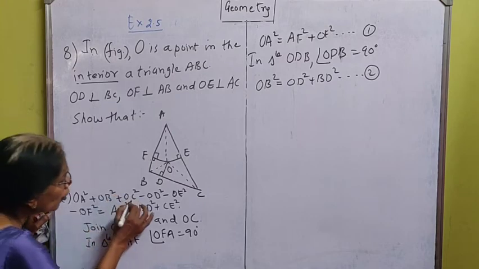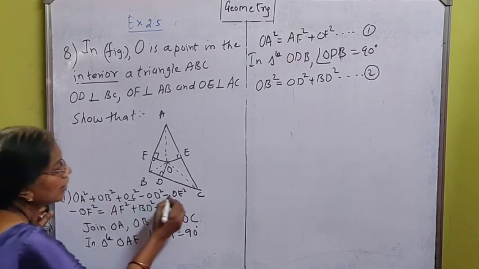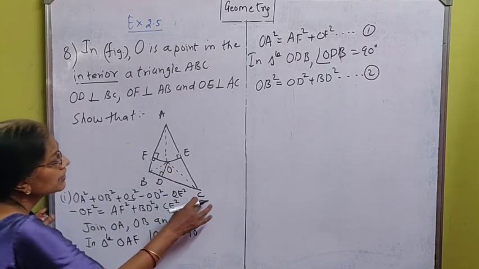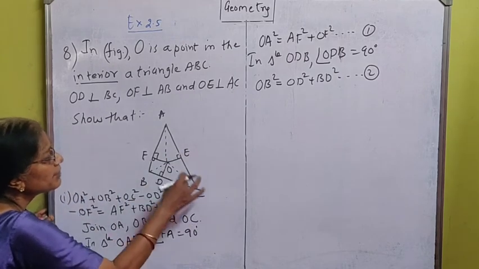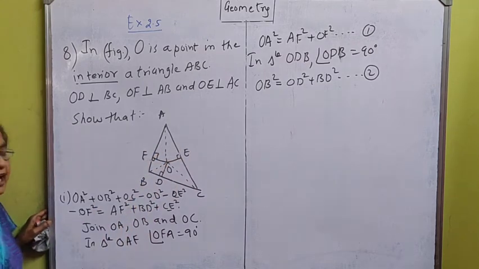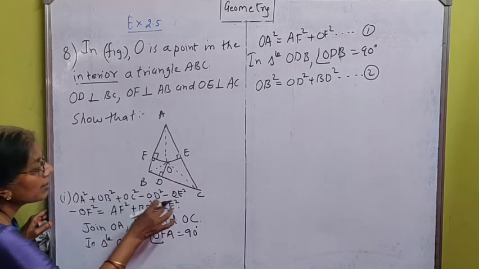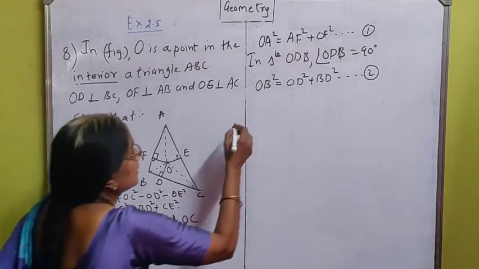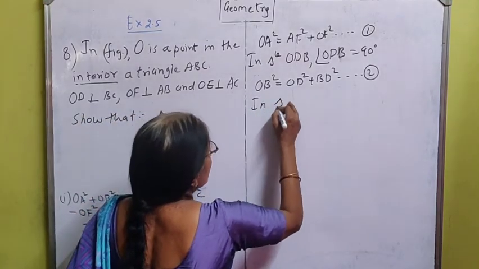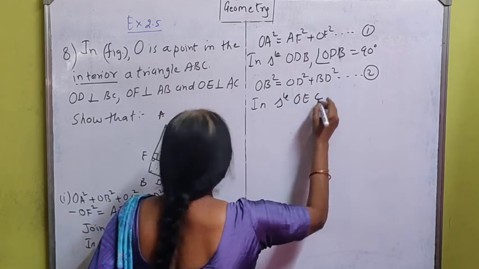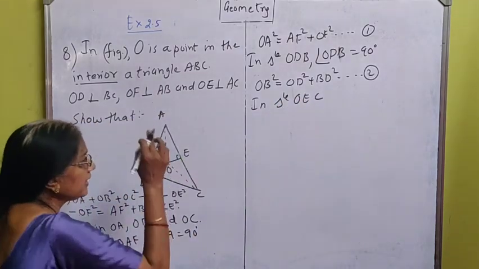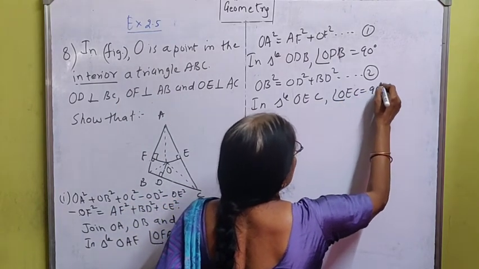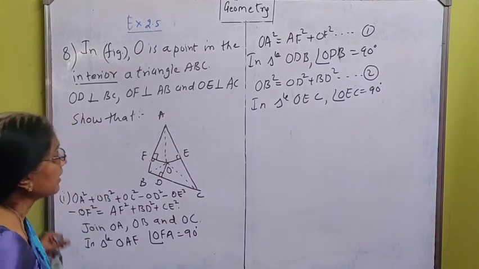Now you see here OC is there, OE is there, and CE is there. So OC, OE and CE, which triangle do you have to take? Triangle OEC. So in triangle OEC, angle OEC is equal to 90 degrees. Correct?